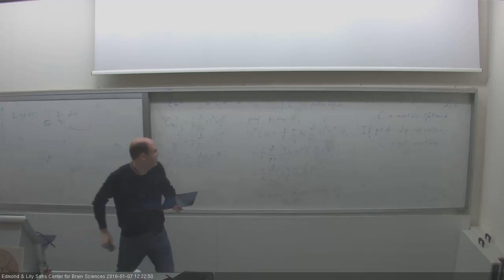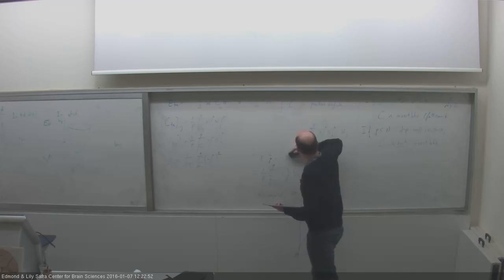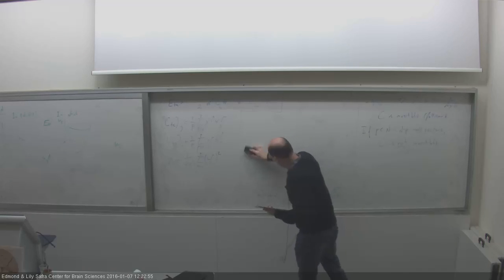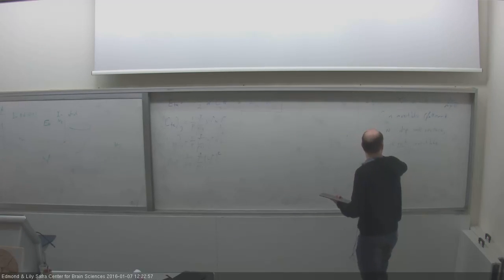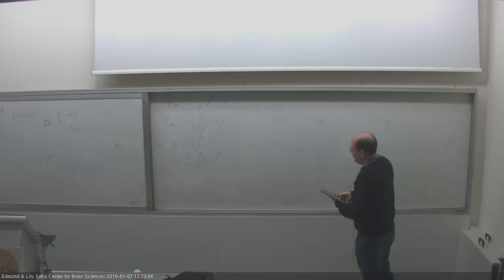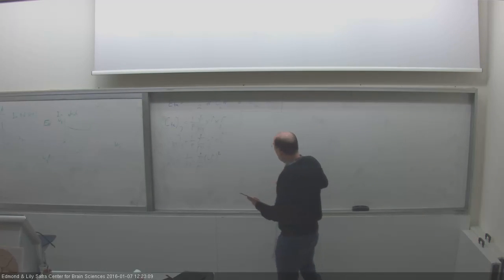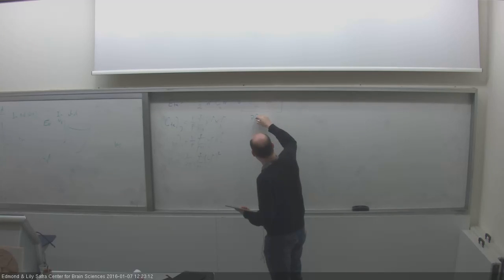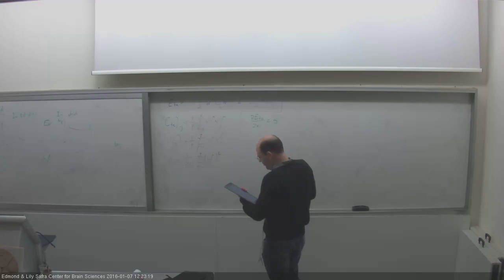I think that I will actually erase this and keep this. So, okay, we need to take the derivative of E training with respect to Wi and set it to 0. This is based on what I wrote here.